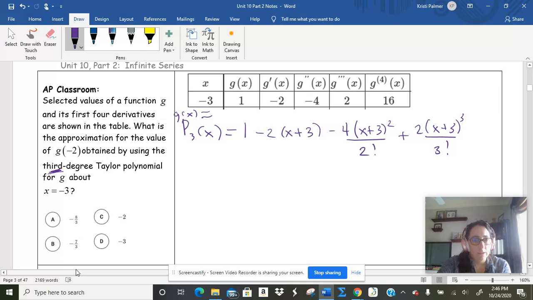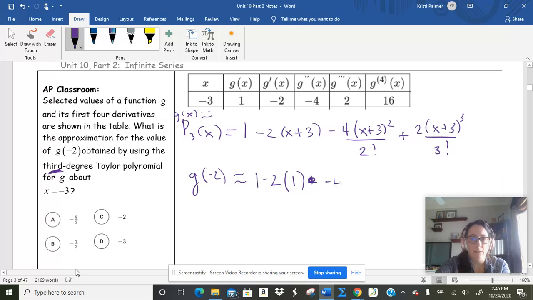And then the question said, if I plugged in g of -2, what is that now approximately? So now I'm going to plug that in for all the x's that I had above and solve. So -2 plus 3 is a 1.